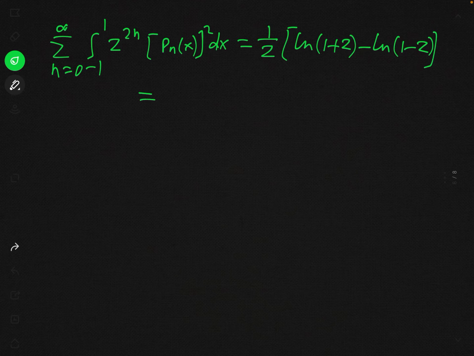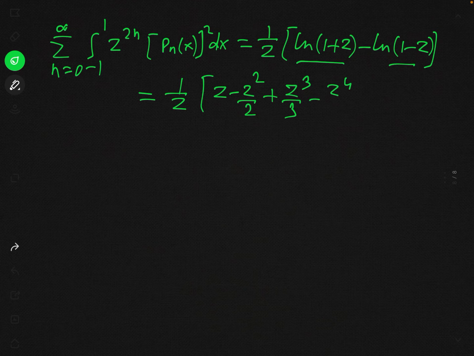Now we will simply expand these, ln of 1 plus z and ln of 1 minus z. So you can see this is 1 over z, and the expansion of ln of 1 plus z, you know what this is? This will be z minus z square over 2 plus z cube over 3 minus z4 over 4 and plus so on.